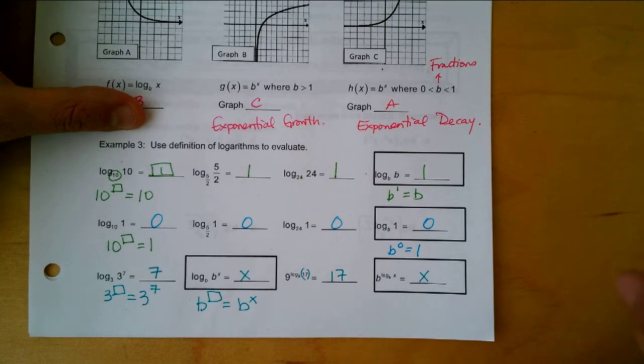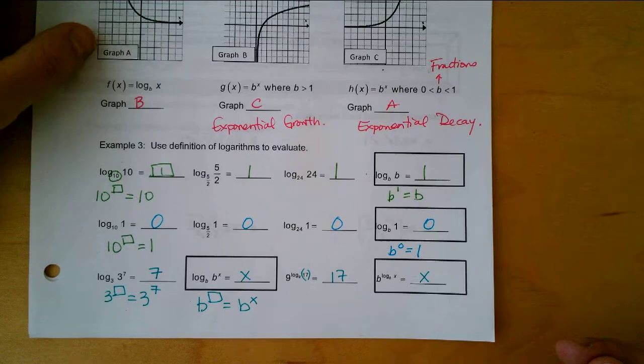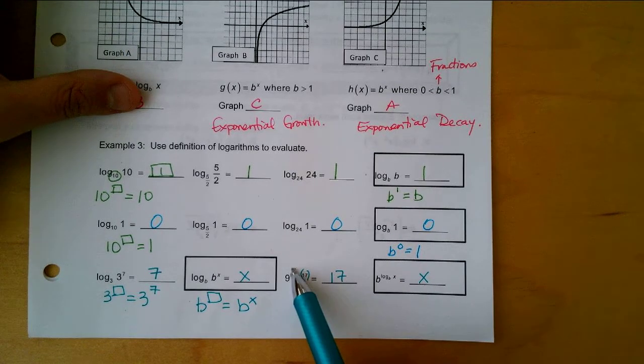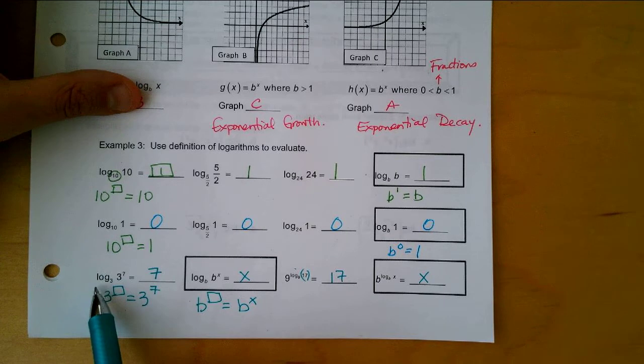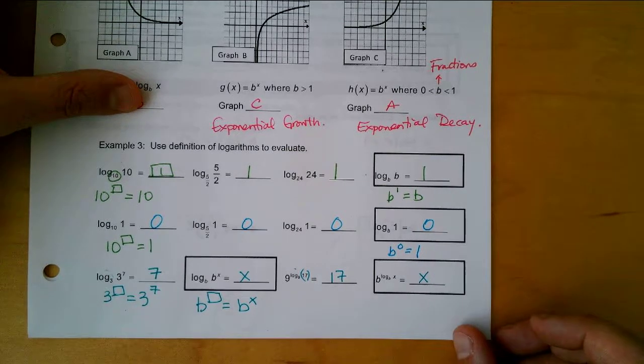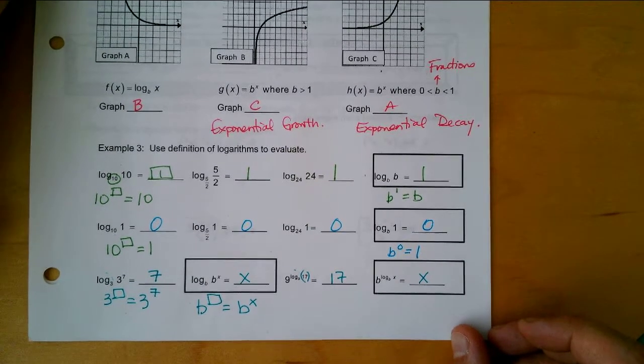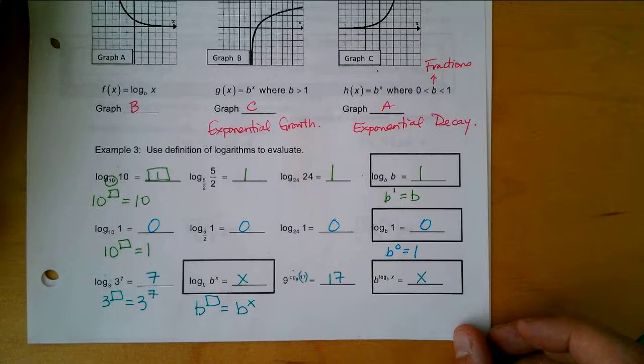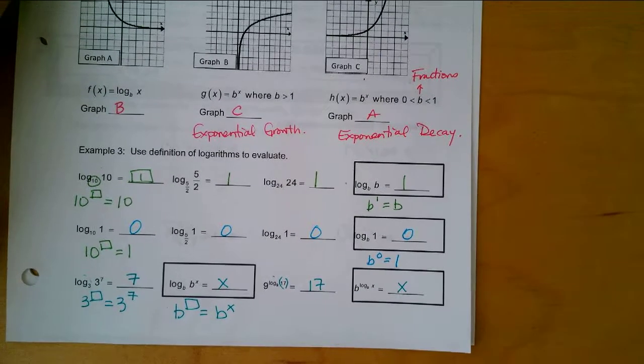And we were kind of talking about that when we were talking about finding the inverses and checking. You can think of 9 to the power of log base 9 as being inverses of each other, the same way you can think of log base 3 as the inverse of 3 to the power of something, depending on whatever that number is, or variable. Okay. Any questions so far on that?